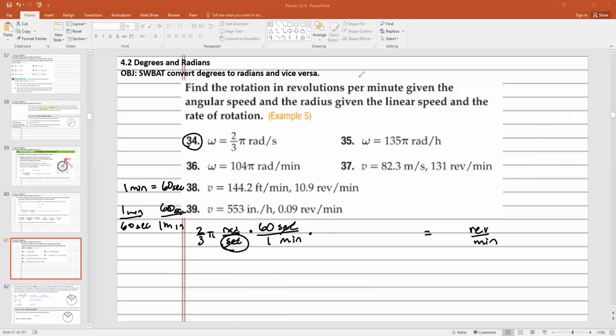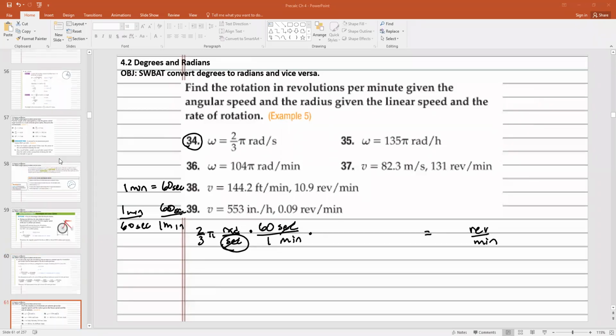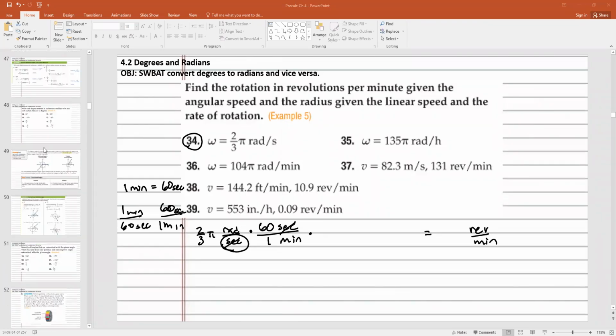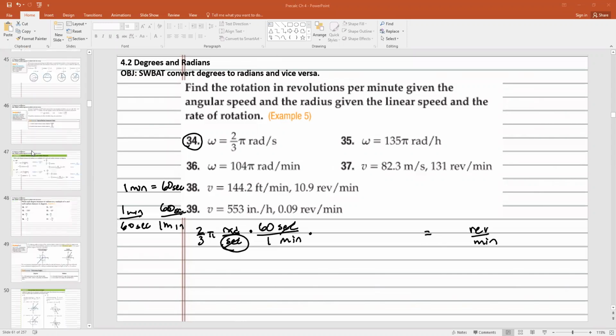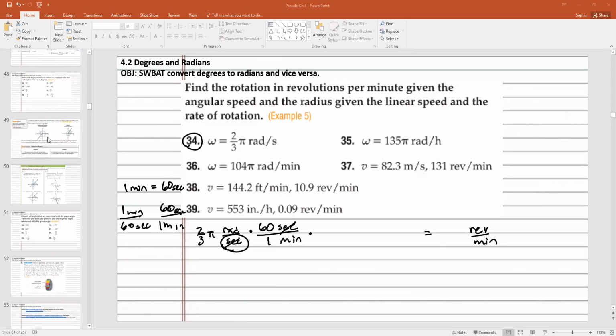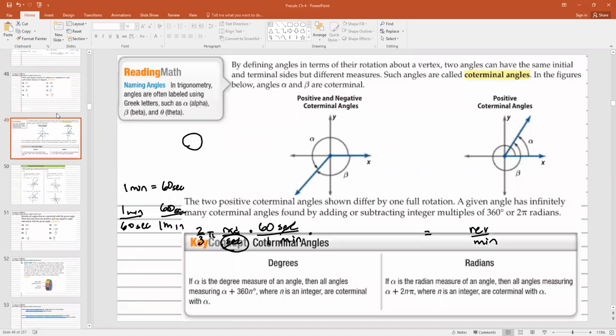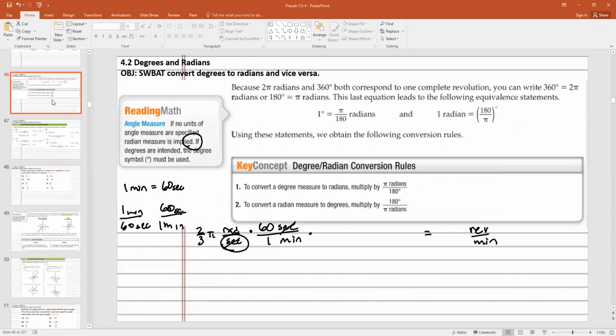So we talked about this in, I think, the first video. It goes over here somewhere. No, second video. One radian is, there you go.